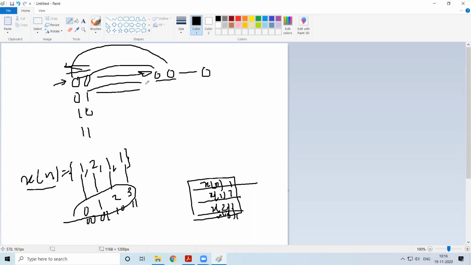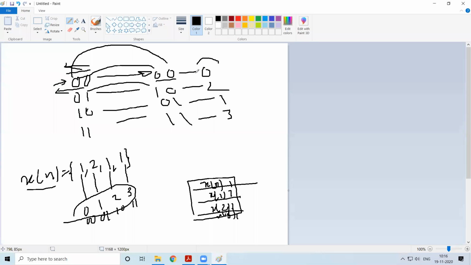Similarly, for this one, first you write the LS bit and then continue in this direction and write the MS bit, which in decimal is 2. Similarly this one is 1 and this one is 11, which is 3. So this is the bit reversed address.